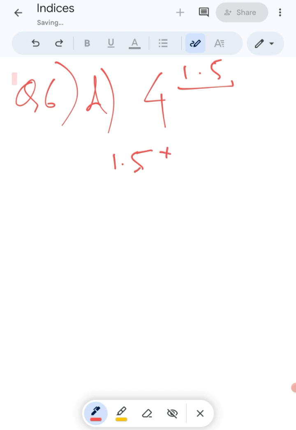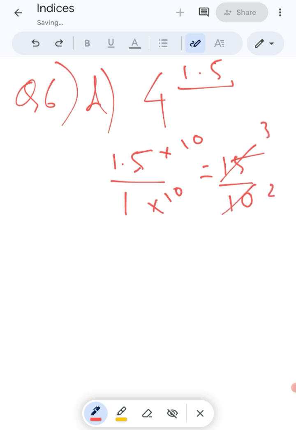By multiplying 1.5 with a 10 first. Agreed? And if I'm multiplying the numerator with 10, the denominator is a 1, so multiply by 10 here as well. Now 15 upon 10. If I simplify that further, 5 multiplied by 3 is 15 and 5 multiplied by 2 is 10. So I can write 1.5 as 3 upon 2 also.